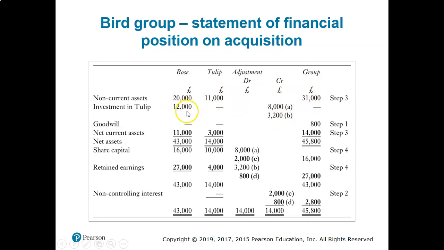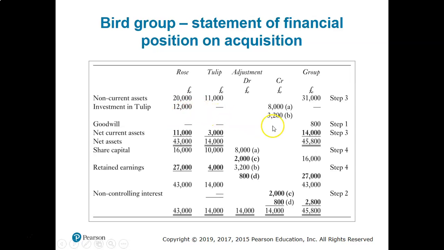Investment is 12,000, right? And out of which 8,000 is for share capital. The share capital of the Tulip is 10,000, so 80% is 8,000, and retained earnings 4,000, 80% is 3,200. So this is what you are receiving from Tulip because of your investment of 12,000.